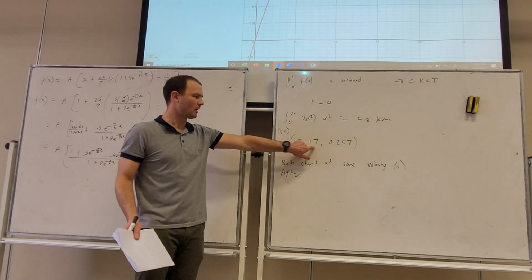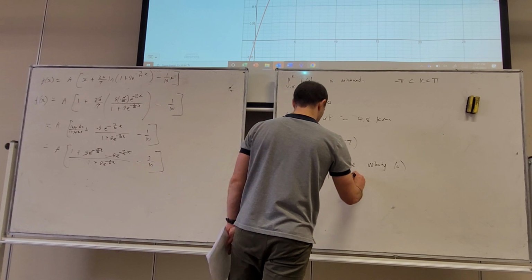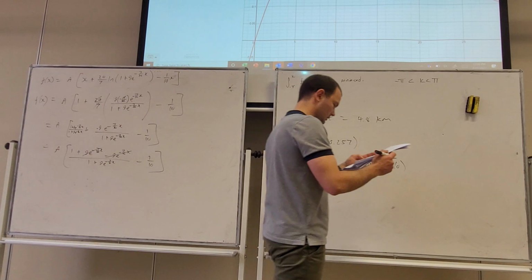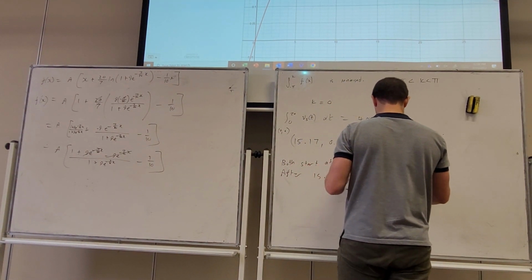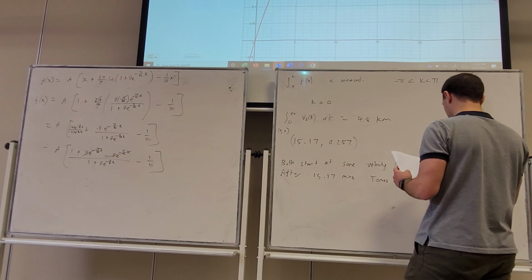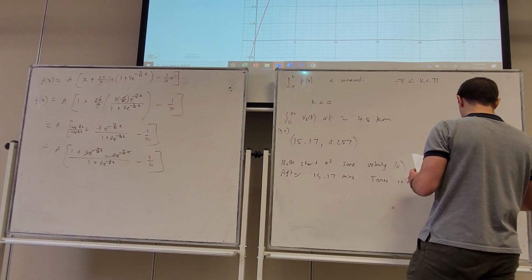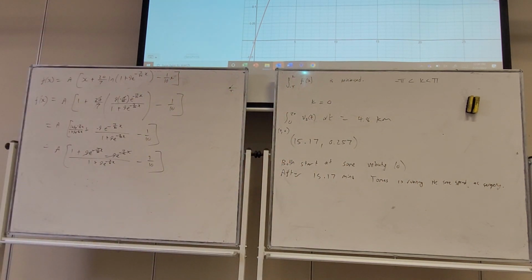After 15.17 minutes, the second guy is running the same velocity as the first guy. Right, because after 15.17, Thomas is running faster, but before that, Sergi is running faster, right?